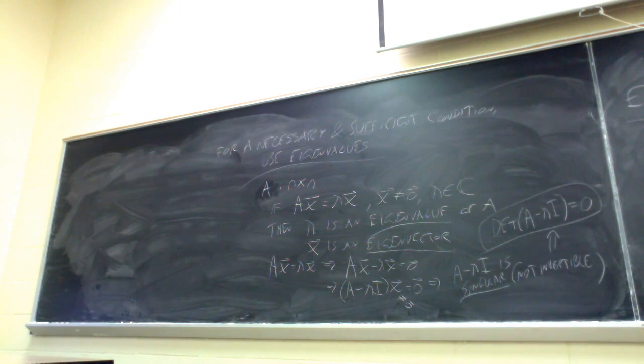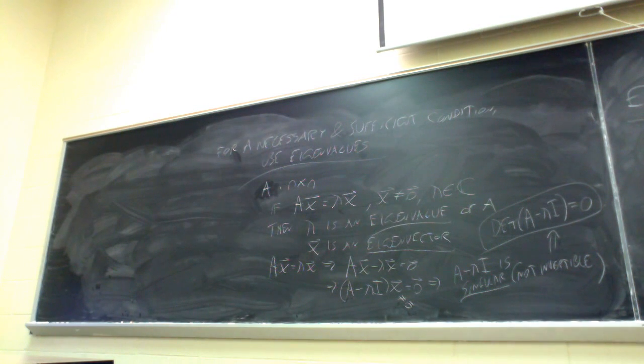So this is an equation that characterizes the eigenvalues. In your first linear algebra course, you learn about eigenvalues the first time, and they give you simple matrices, 2 by 2, 3 by 3, whatever, and you set up this equation and solve it and compute eigenvalues that way.